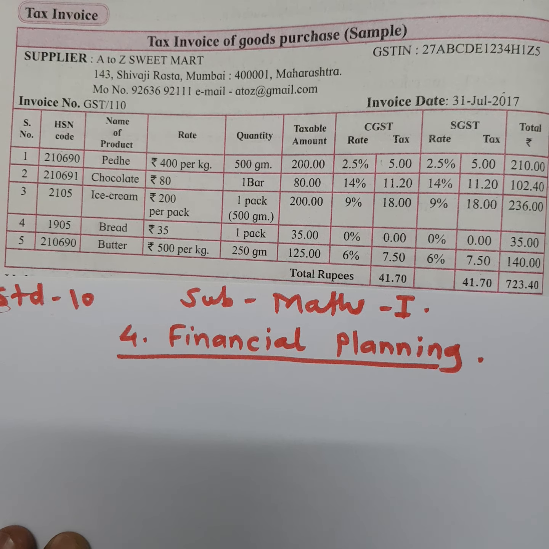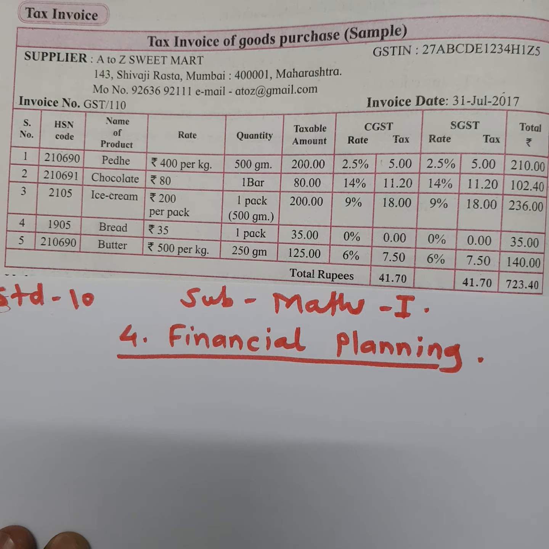Then the invoice number. In the booklet of tax invoices there are many invoices, and the number of this invoice is mentioned here. Then in the right upper corner there is the GSTIN of the firm.